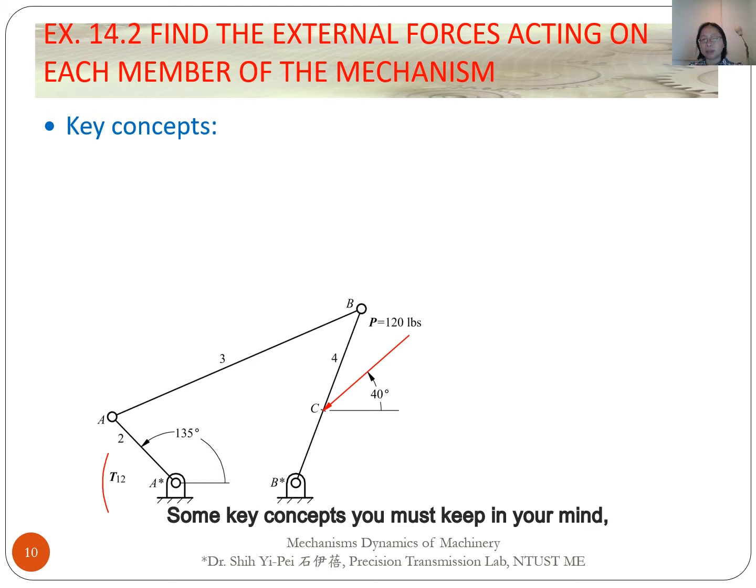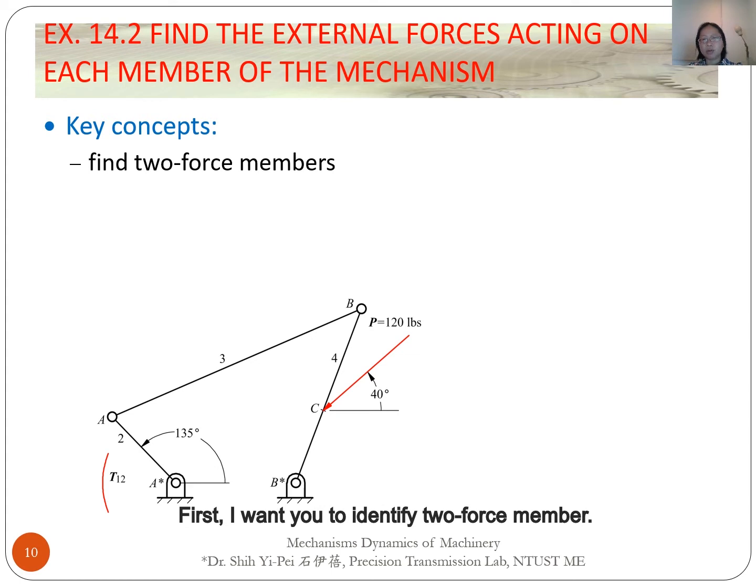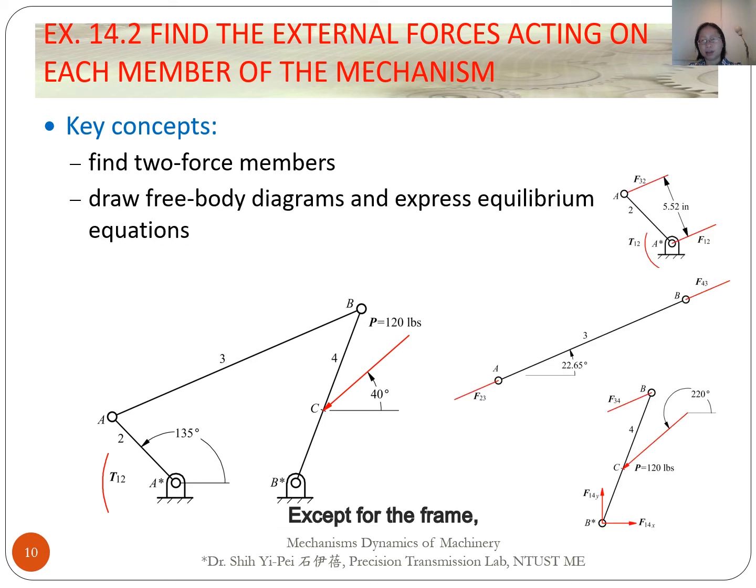Some key concepts you must keep in mind will help you to figure out the problem systematically. First, I want you to identify two force members. We will go into detail what this is in the coming slides. Except for the frame, you need to sketch each member isolated from the mechanism and put all the external forces on each member.